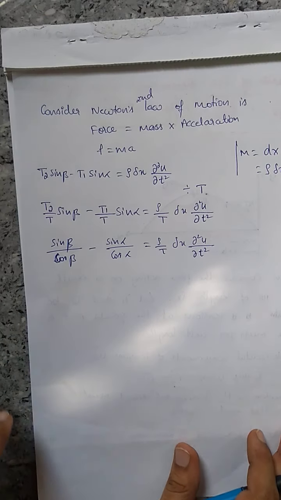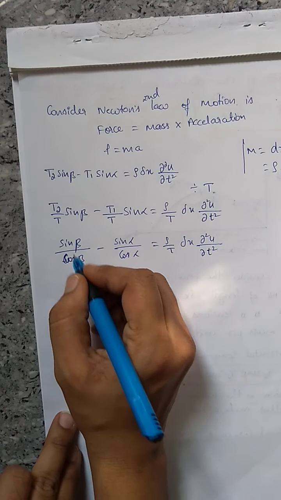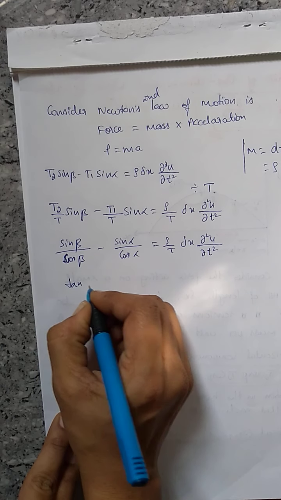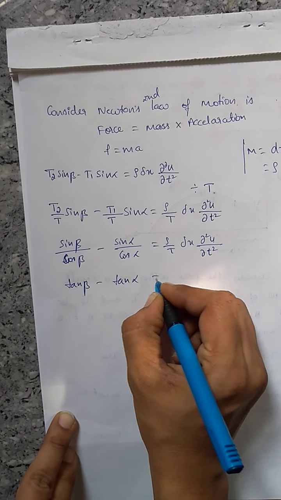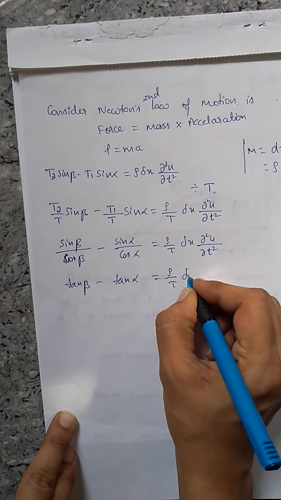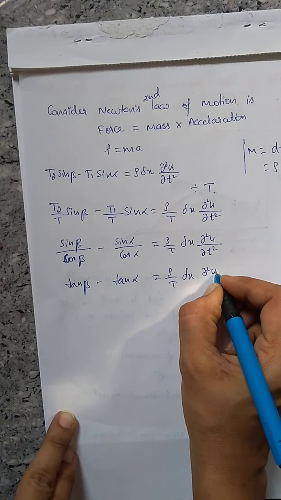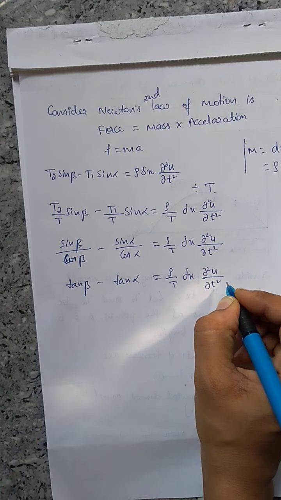Further simplification: we know that sin by cos is nothing but tan. This is tan beta minus tan alpha, equal to rho by T, delta x, del square u by del t square.